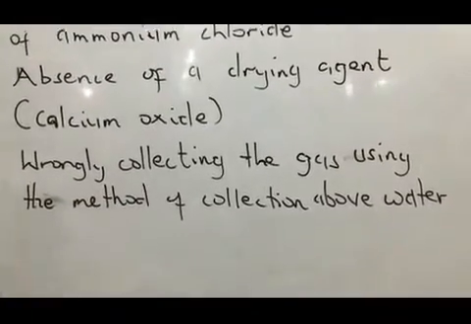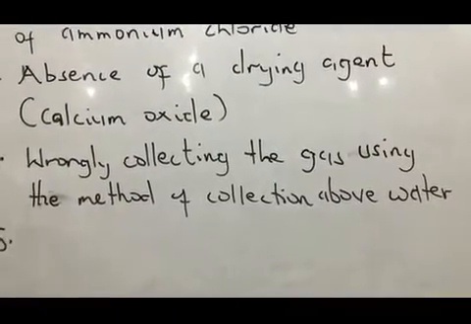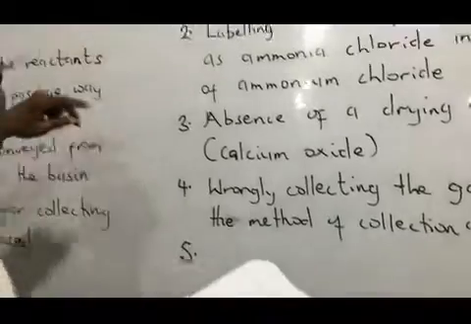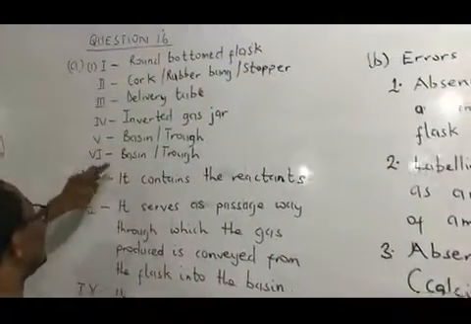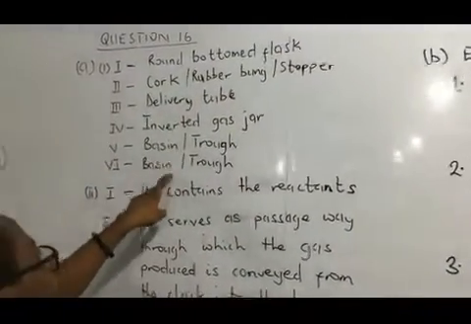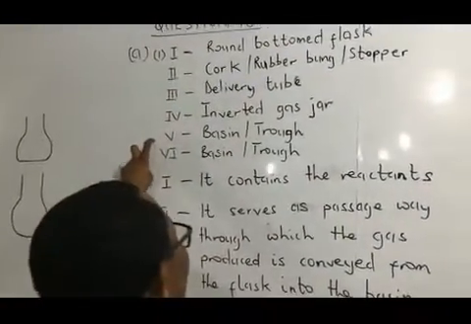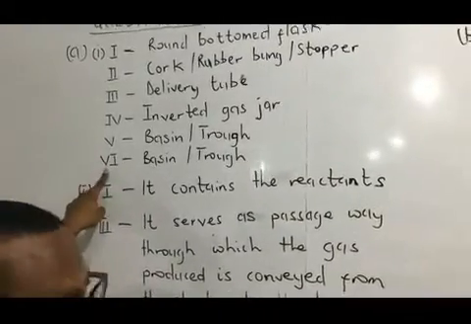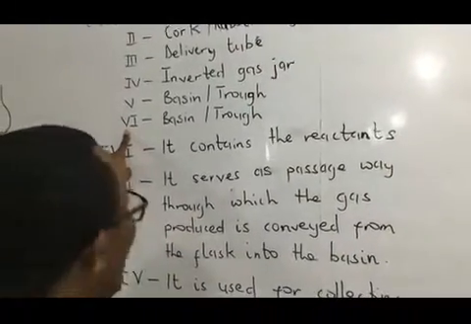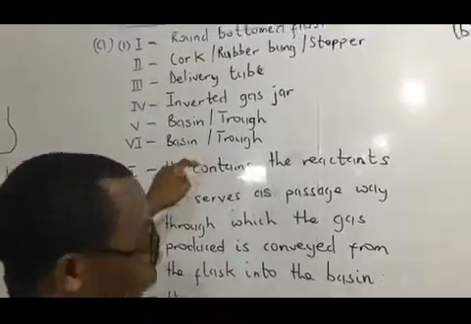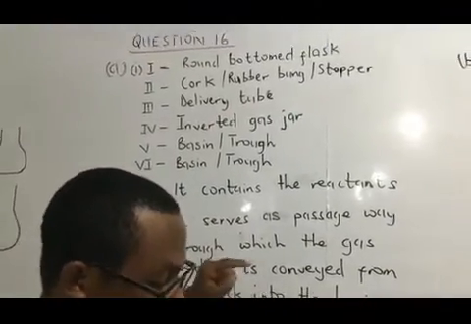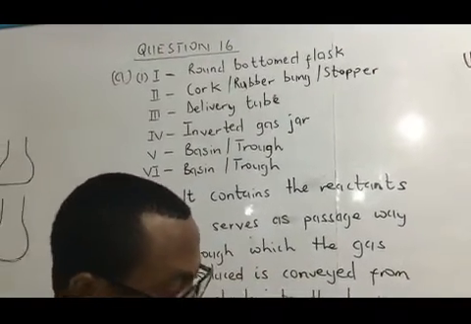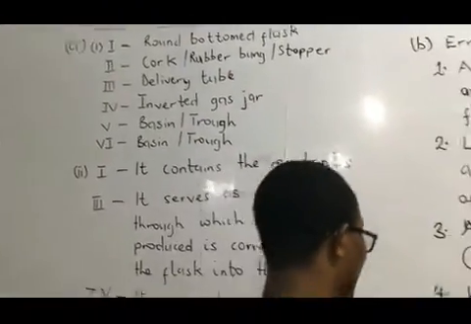Now, let me also add this. You can see that in the labeling, the same apparatus, the basin, has been labeled differently as V and VI. So that's also an error.